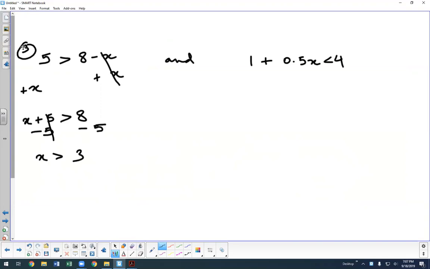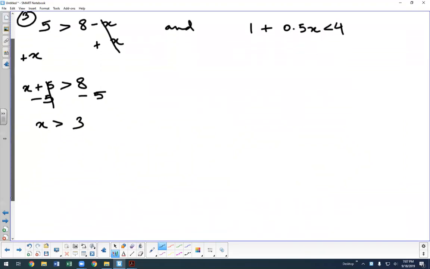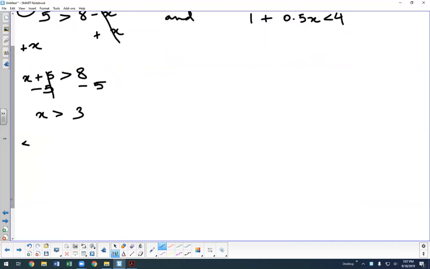Tell me what our interval notation will look like with this. Here's my number line, going from negative to positive infinity. Somewhere over here is the 3. Where do we shade? The right, very good.